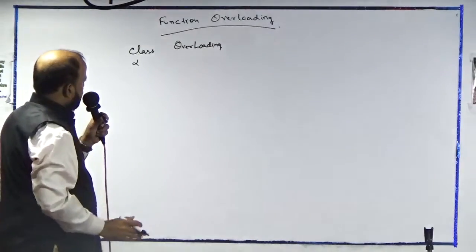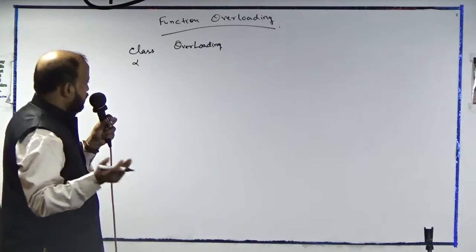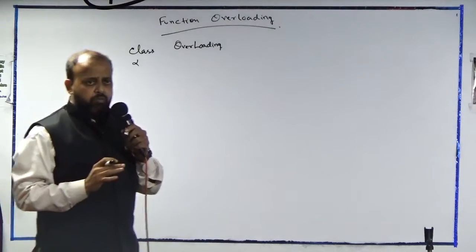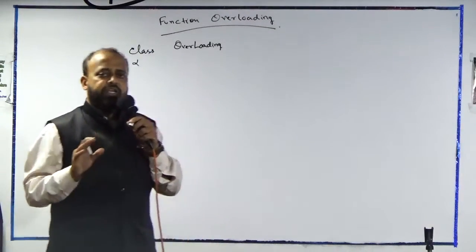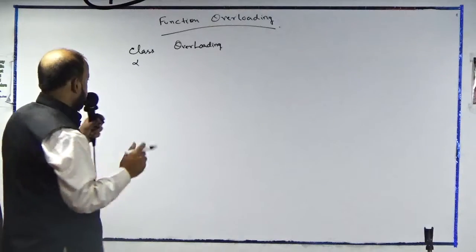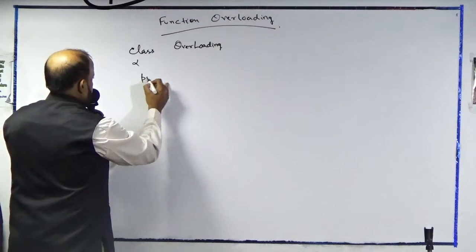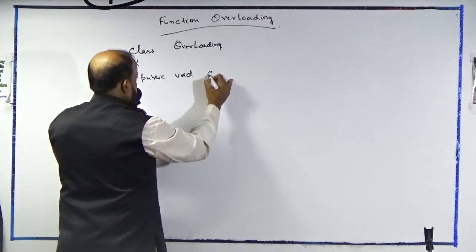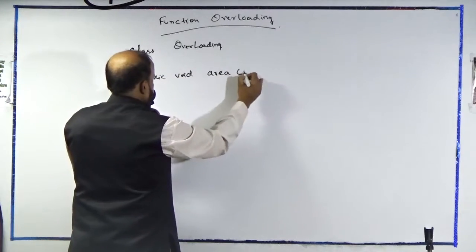Class, whatever is told, you write that one, and method, whatever is told. Suppose my method is area, and my problem is I have to calculate the area of a square, rectangle and circle. This public is not compulsory, but still public void area.